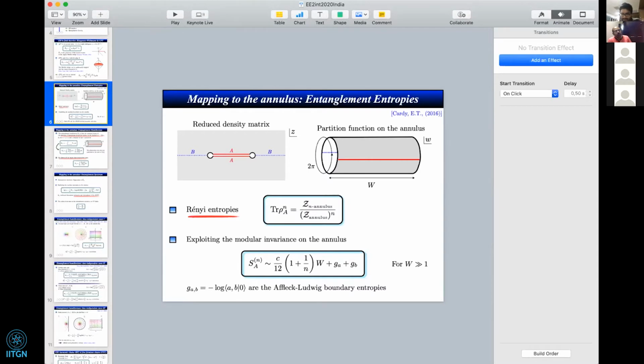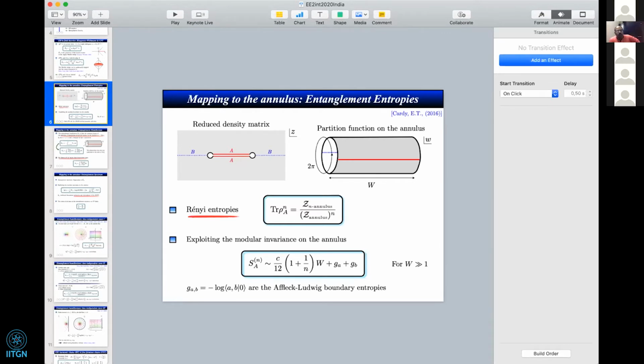There are lucky situations like the one that Casini, Huerta and Myers explored, a beautiful result from 2011, where you can map the reduced density matrix of a ball in a conformal theory into a thermal state in a hyperbolic geometry. But I'm not sure this is the most generic situation.